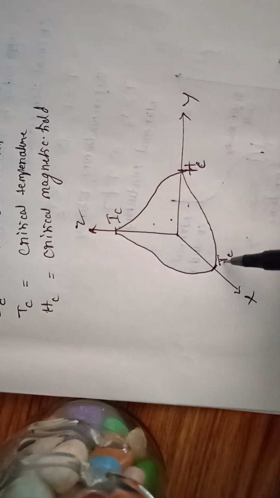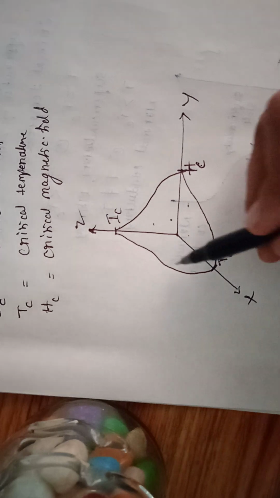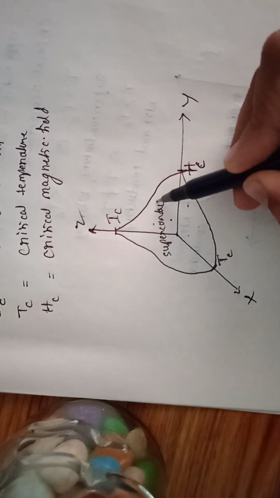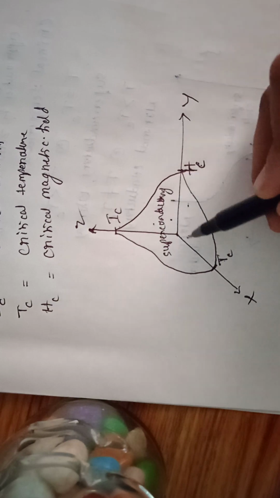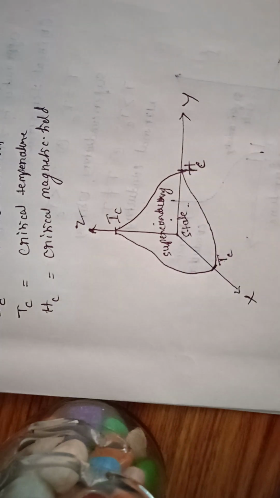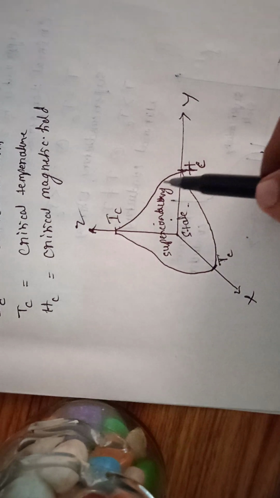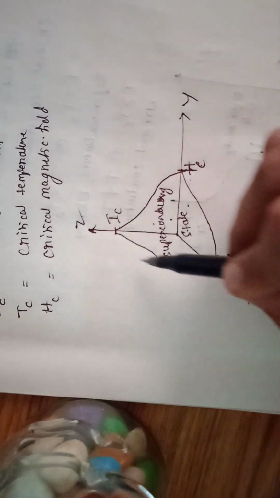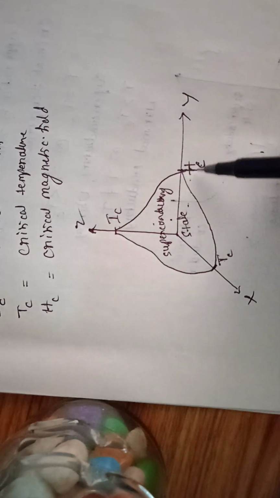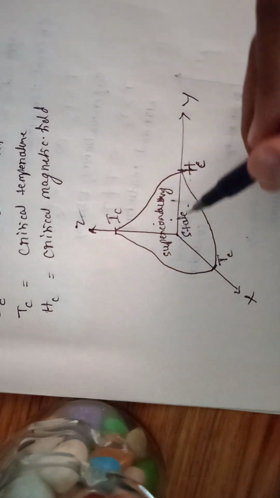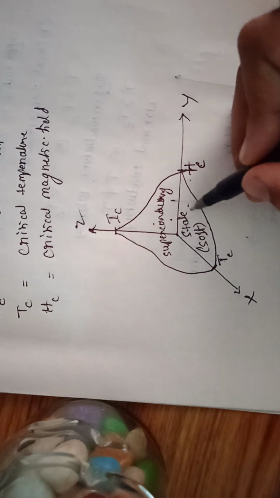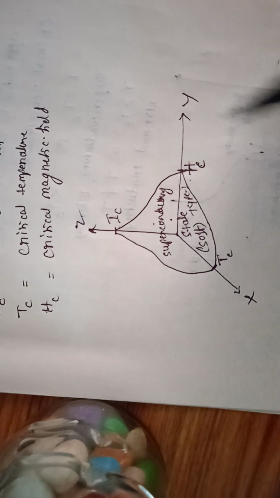This is TC, the temperature less than the critical temperature. These are the superconducting state. We also call it the soft superconducting state. Whatever materials show superconducting behavior within this IC, TC, and HC are called soft superconductors, also called type 1 superconductors.